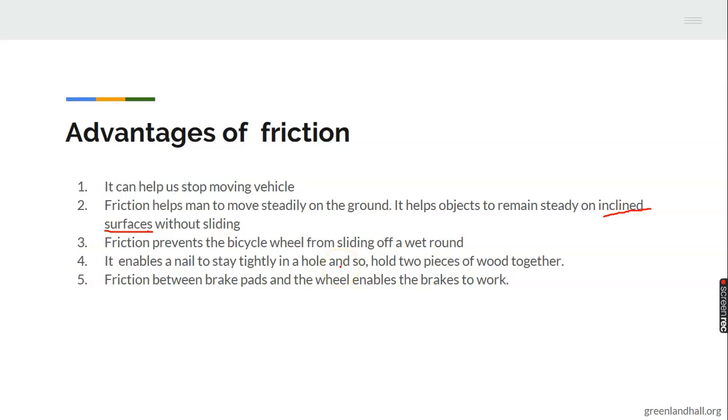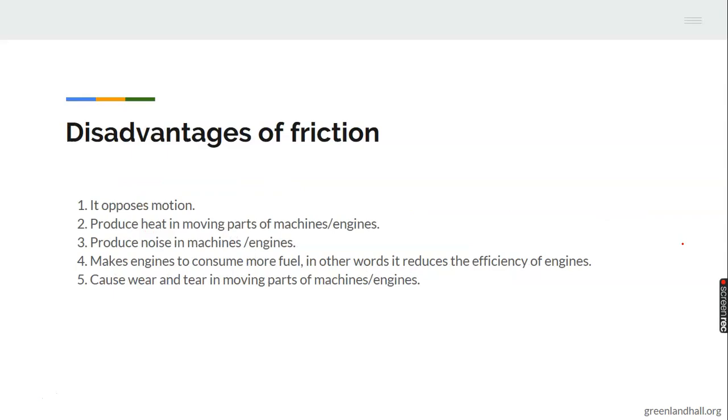So it's friction between the nail and the wall that helps the nail to stay tightly in a hole, and so hold two pieces of wood together, or hold two things that you are trying to mend together. And the fifth one says friction between brake pads and the wheel enables the brake to work. Okay, that's it.